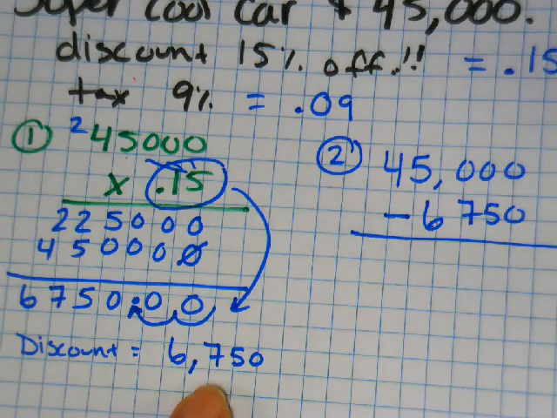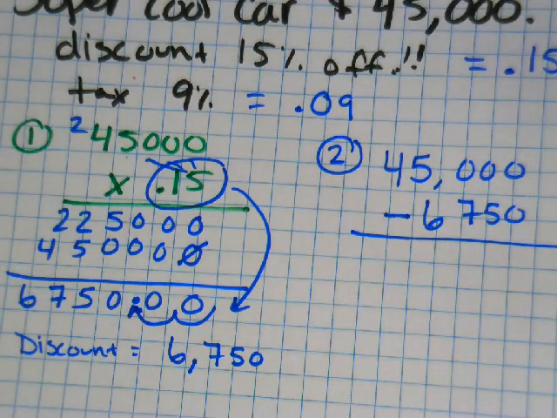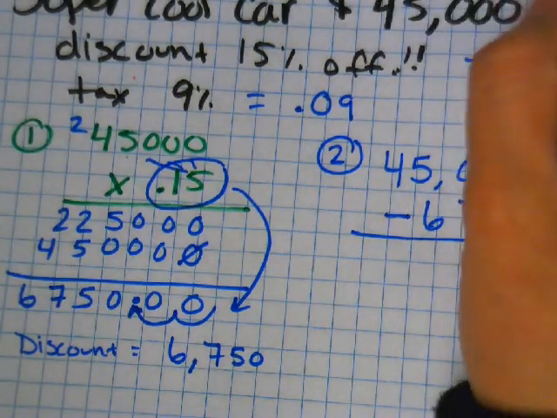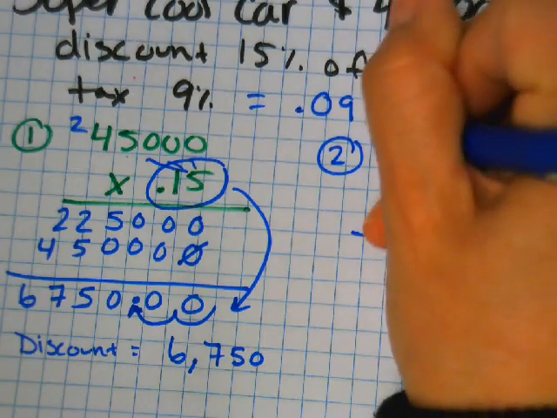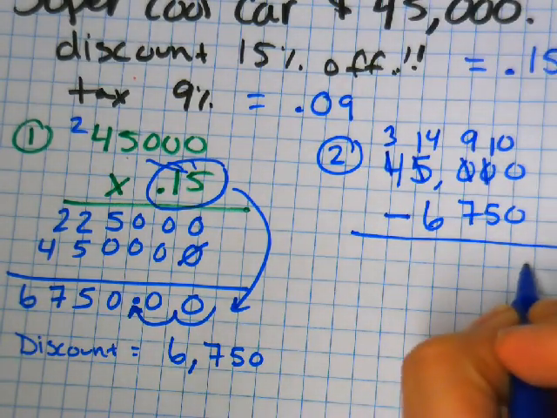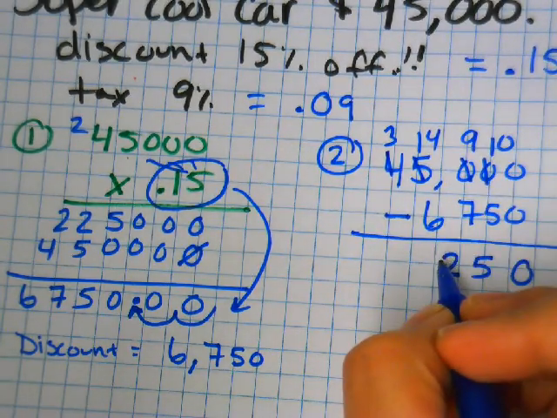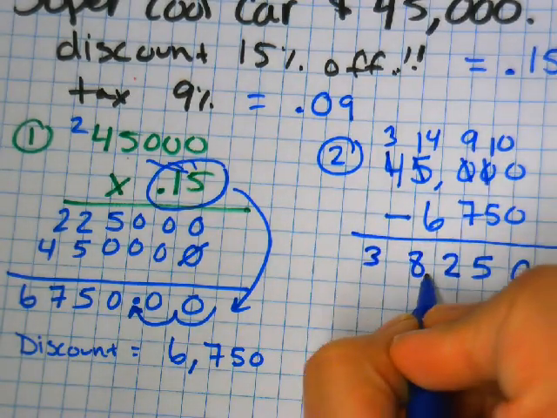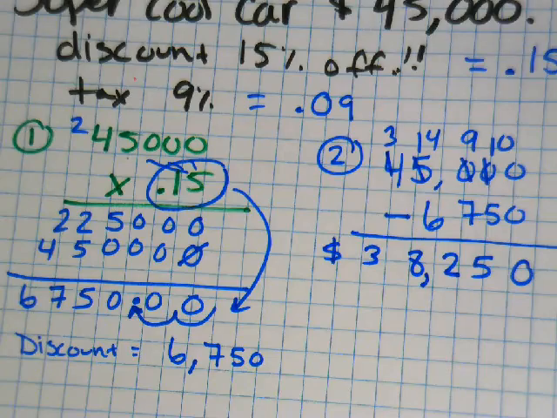Your first test in the second semester will involve this, so make sure we know how to multiply, how to subtract with borrowing, and all those little things that could make us have a little mistake. So our price went down to $38,250.